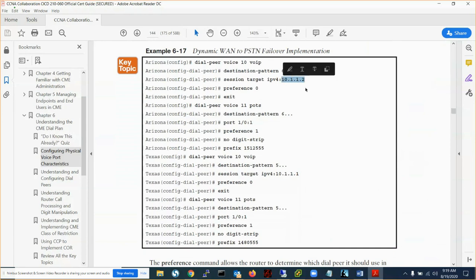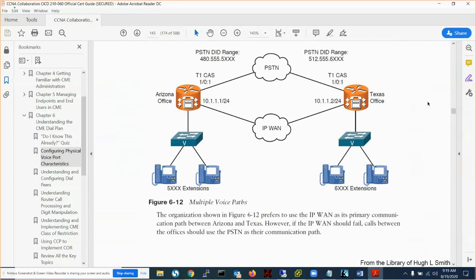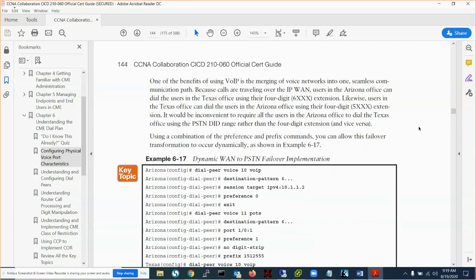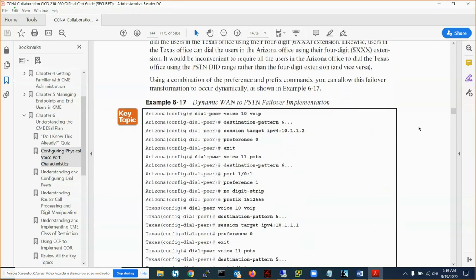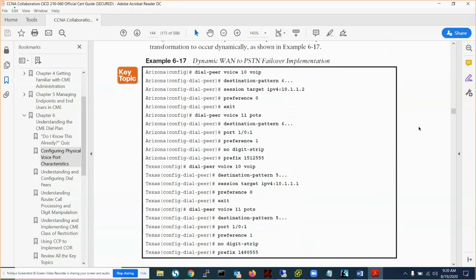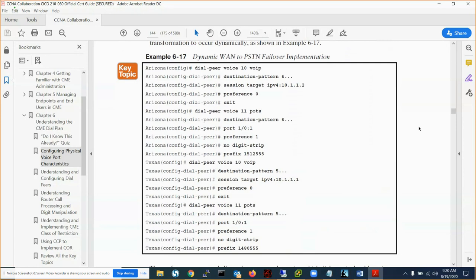Using this dial peer. So the Texas IP is .2 and Arizona is .1. Preference 0. Right, exit. Then you have another dial peer now.